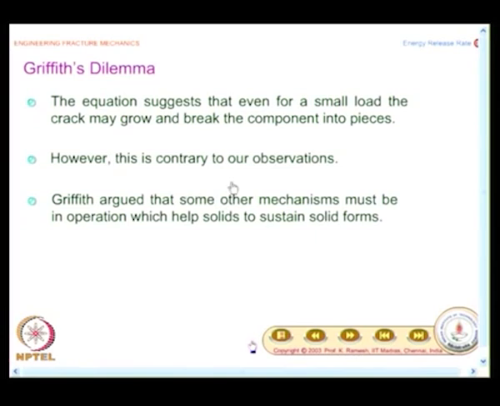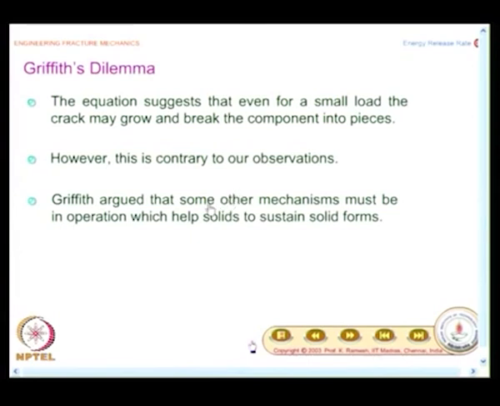Our practical observation is, you find solids contain cracks and they remain so. How is this possible? This is possible only when you have some other mechanisms that operate, which help solids to sustain solid forms.